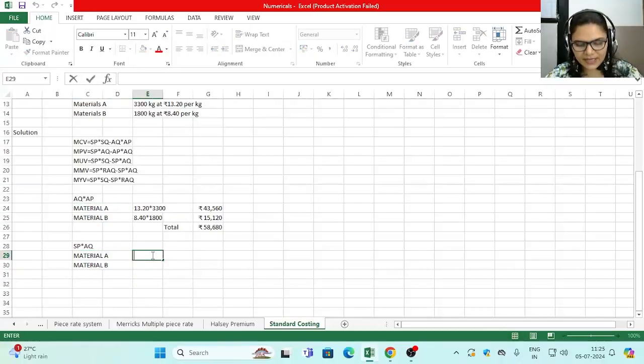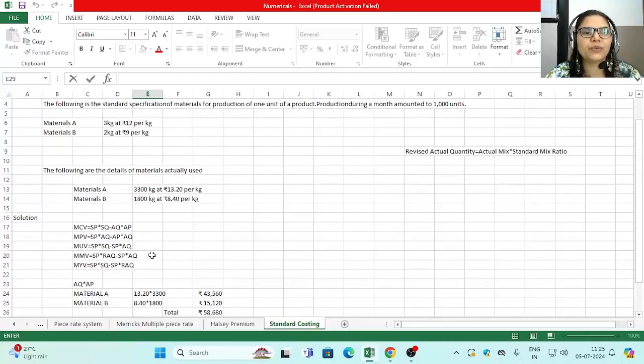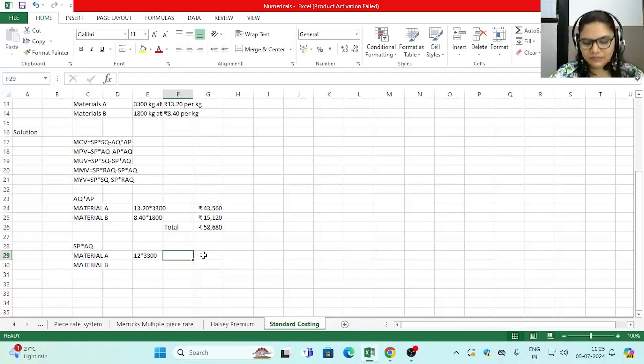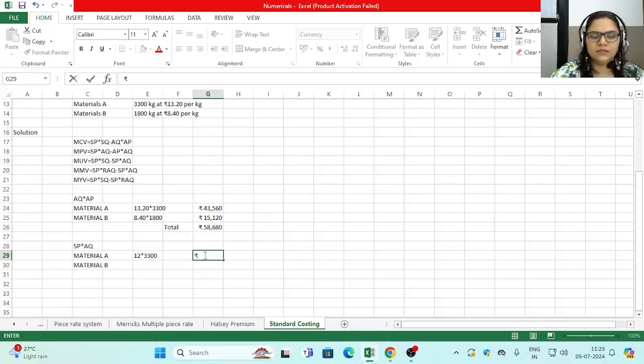For material A, SP into AQ, the standard price given in the question is rupees 12 for material A and rupees 9 for material B. So it will be 12 into 3300, which will give you rupees 39,600.